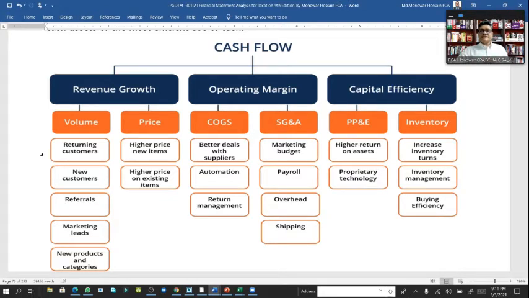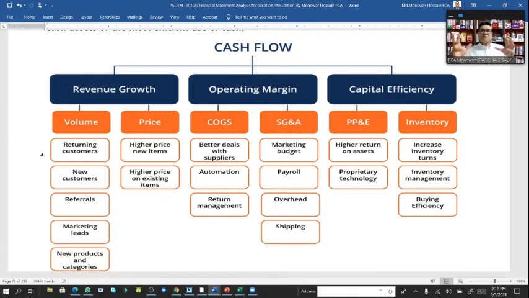And capital efficiency, we can increase higher return on assets, and use technology proportionally. And inventory, we increase inventory turnover, taking inventory management and supply chain efficiency also.